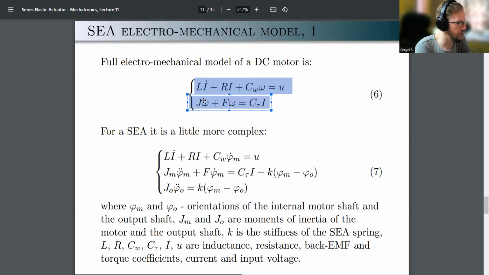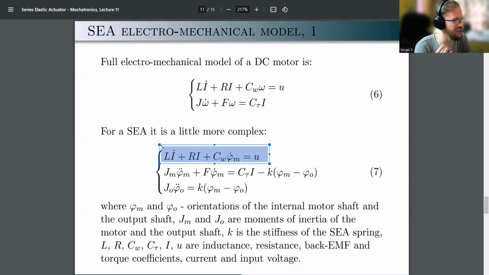This is Euler's equation. So for a series elastic actuator, you still have the same Kirchhoff's law because the electrical part of the motor did not change. So you would expect it to be the same, right? And it's exactly what you have, except I changed variables. So here we have omega, here we have phi m dot.